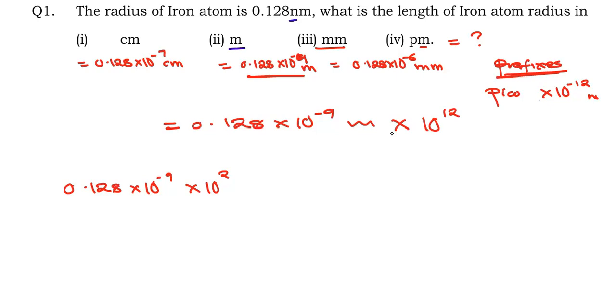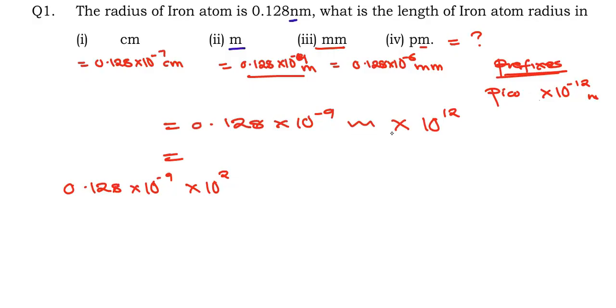So even here, the issue is one and the same. It means that our meters are made of 12 million picometers. So we are multiplying by a positive 12.